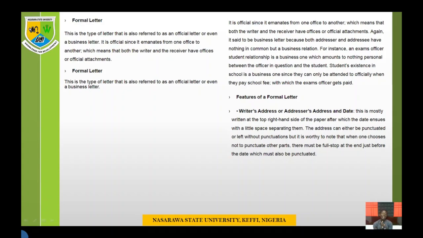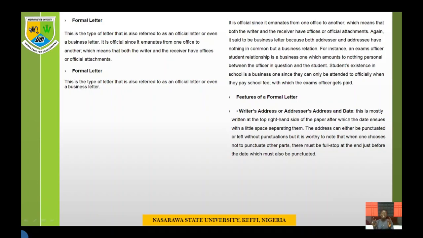One, writer's address or addresser's address and date. That is the first thing to be done when writing a formal letter. This is mostly written at the top right hand side of the paper, with the date ensuing with a little space separating the address and the date.